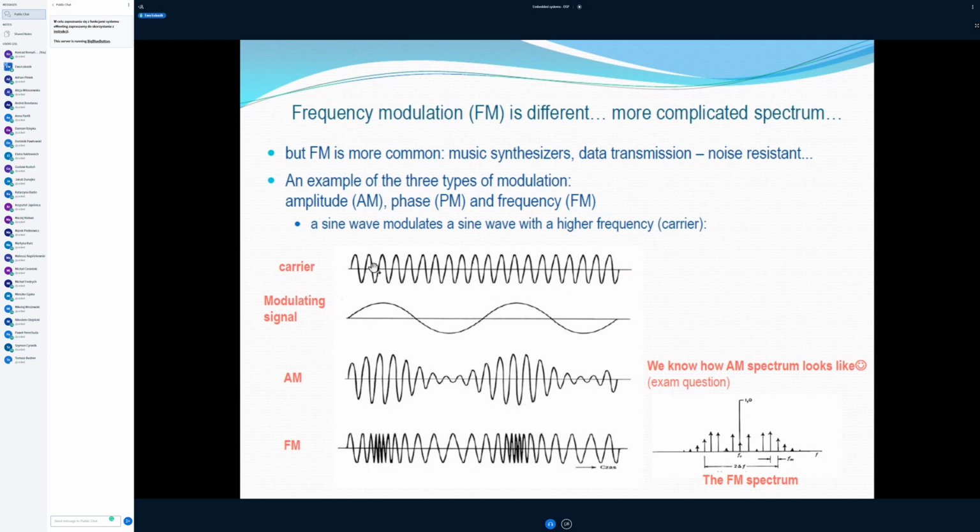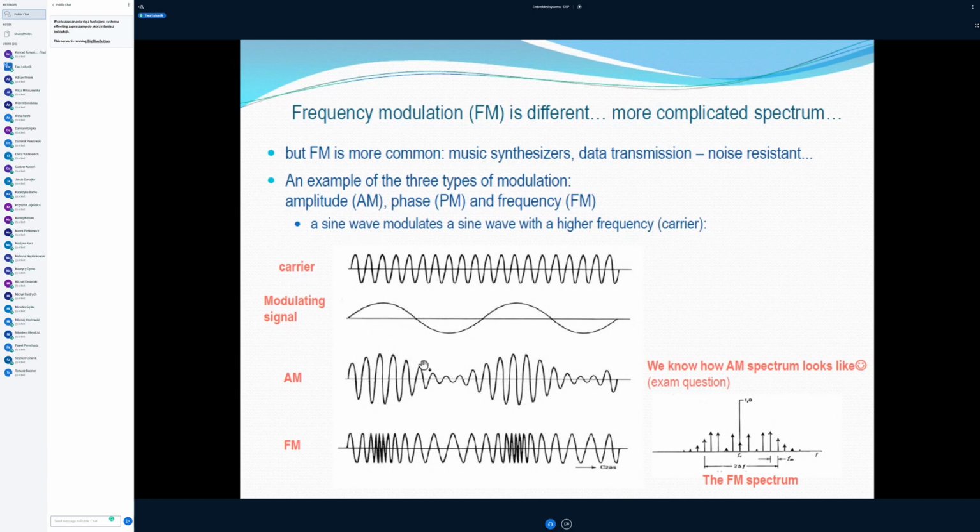So this example here shows the idea of frequency modulation in comparison with amplitude modulation. Here the slow sinusoid modulates the faster carrier sinusoid.